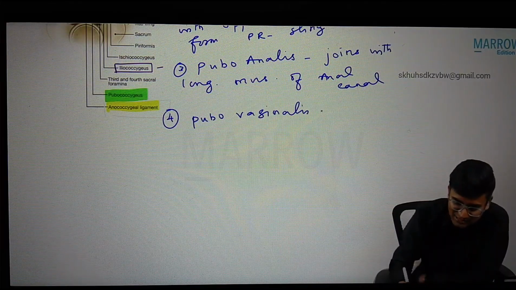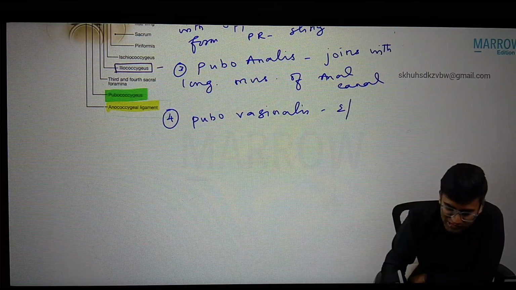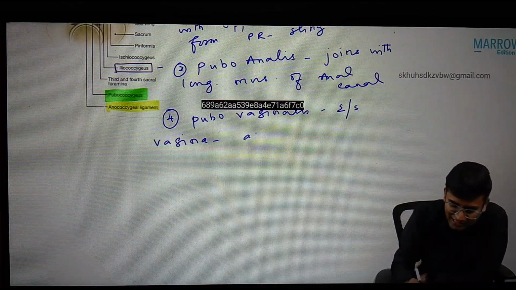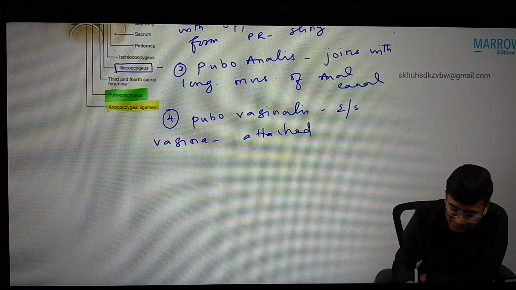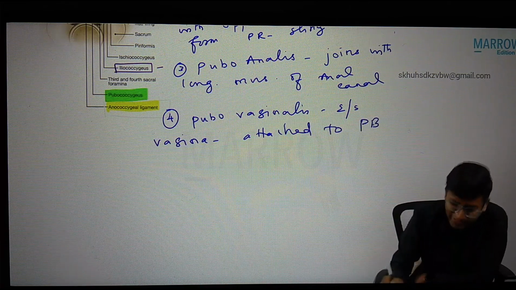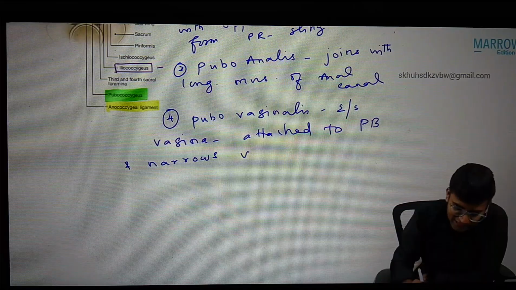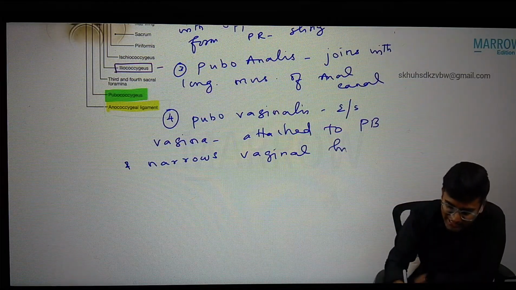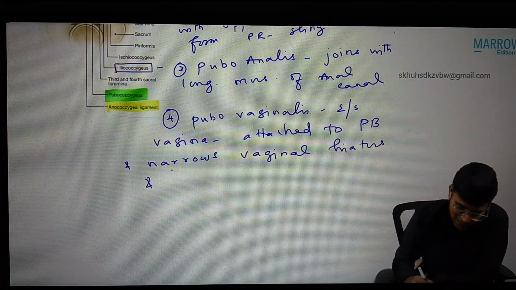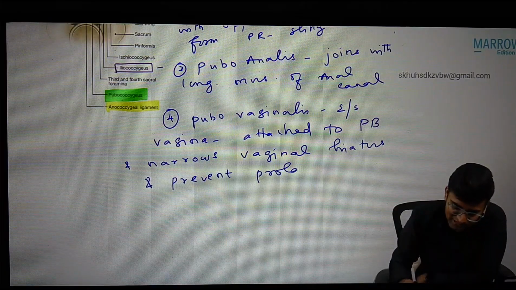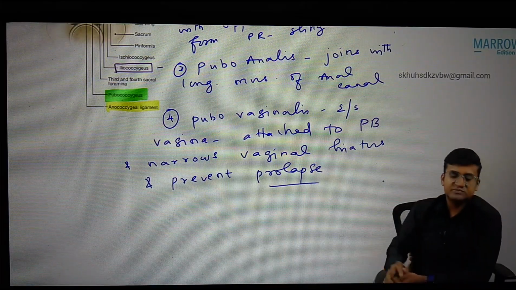Number 4, pubovaginalis, which is present on either side of the vagina, attached to the perineal body, narrows the vaginal hiatus and thereby prevents the prolapse.